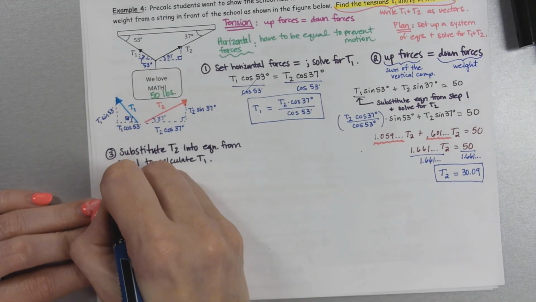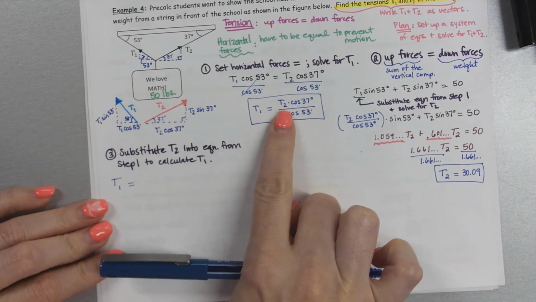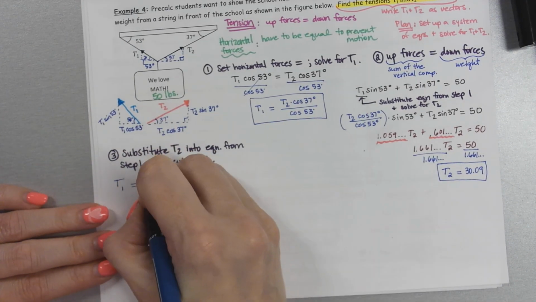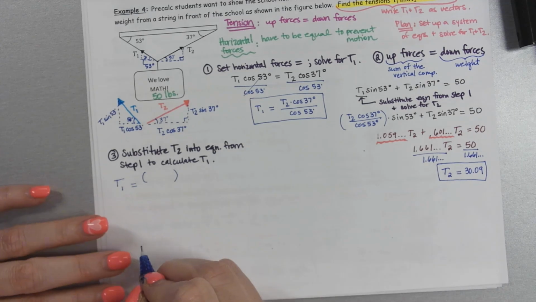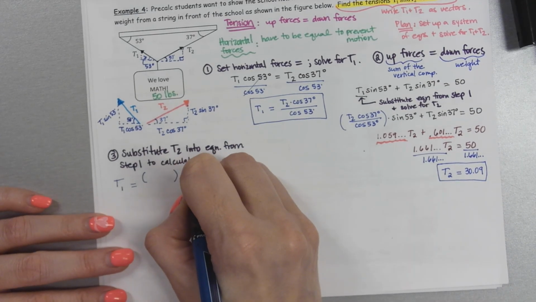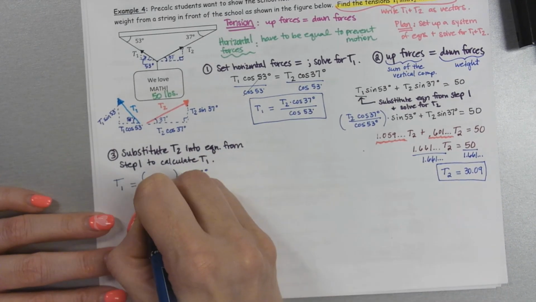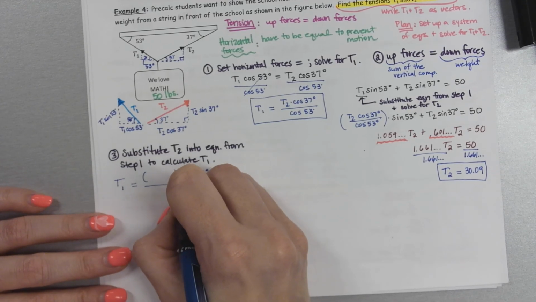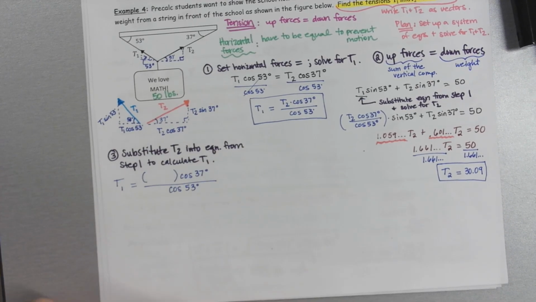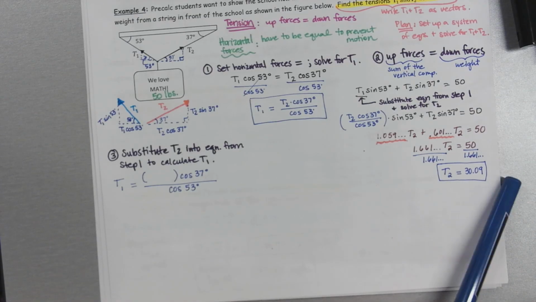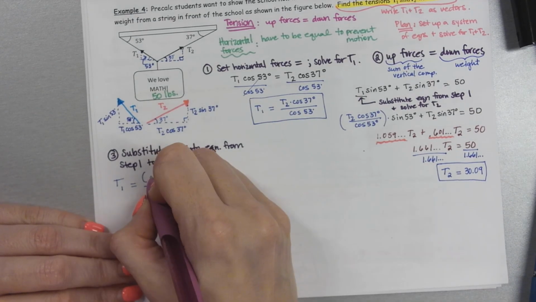So we have t sub 1 is equal to, see how this is t sub 2? We're going to plug in our t sub 2, and then we're going to do the cosine of 37 divided by the cosine of 53. So we got 30.09.